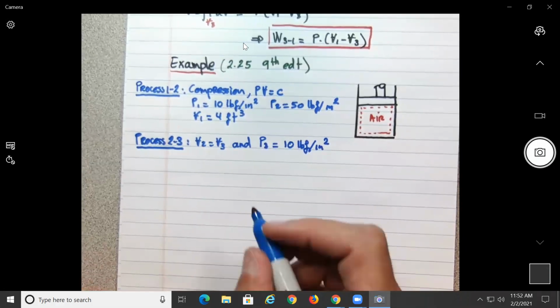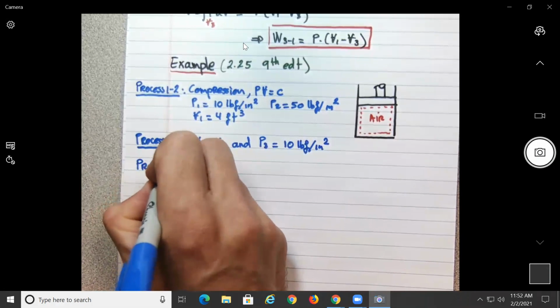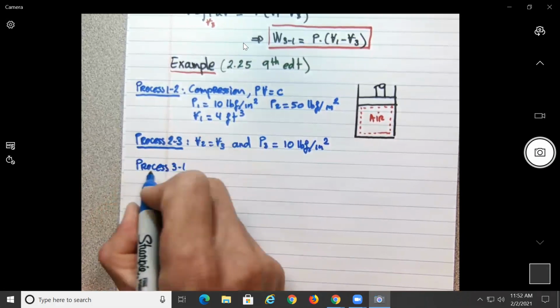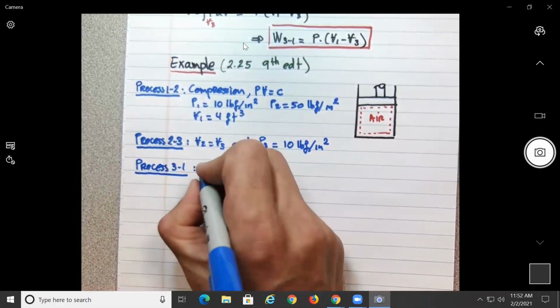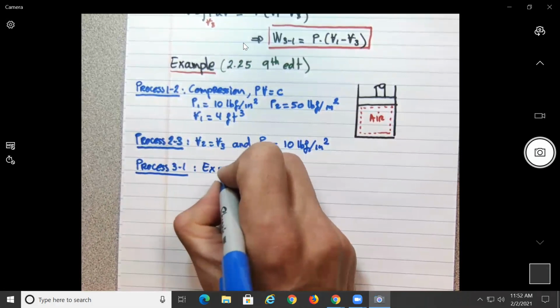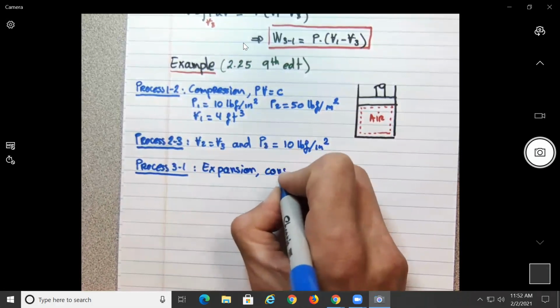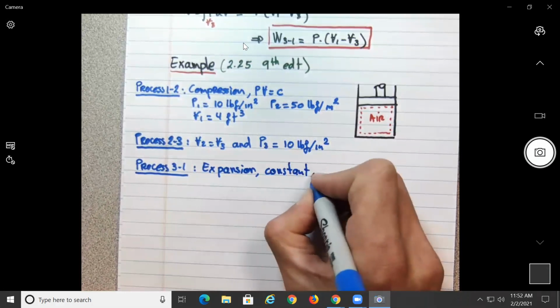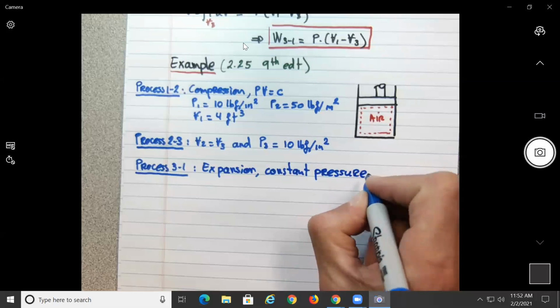Okay, so obviously the last process, 3 to 1, there is no other solution. What would it be? Expansion. And it would be a constant pressure.